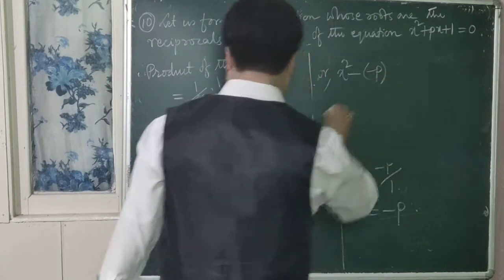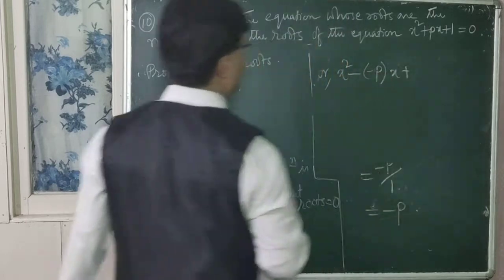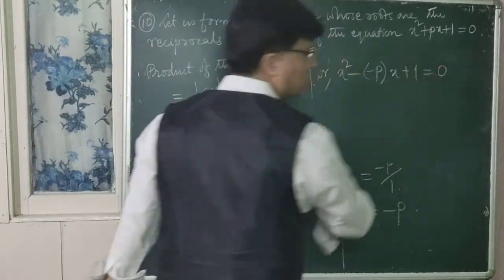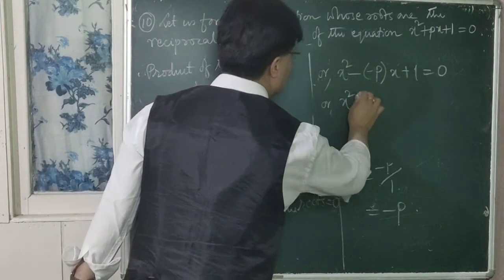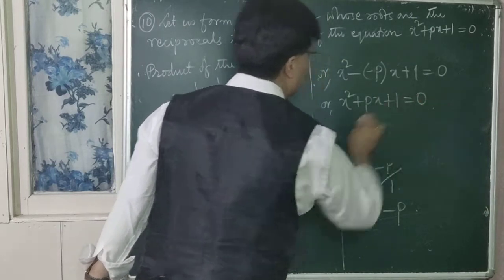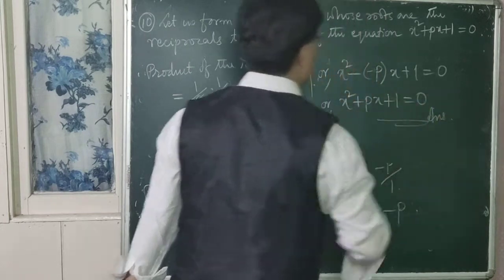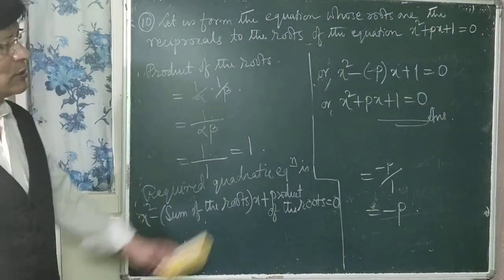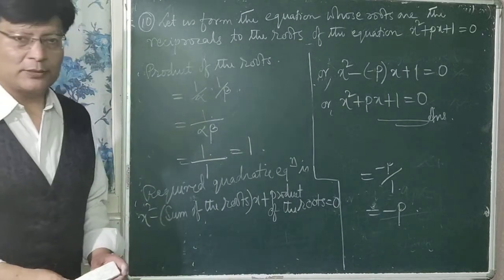It is minus p into x plus what is the product of the roots? 1, which is equal to 0. So x square plus px plus 1 is equal to 0. So this is the required answer. This is the required quadratic equation. So this is your final answer. Understood?